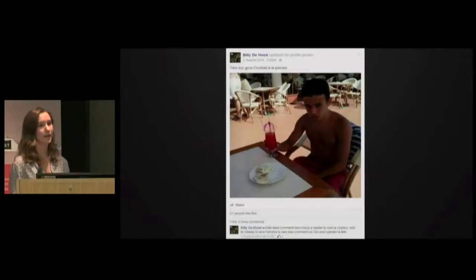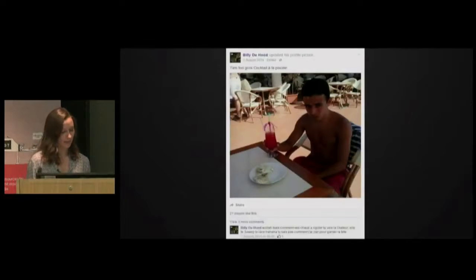That same time period was when Bilal had shared a number of photos like this of him sipping cocktails and in swimsuits by a pool. I asked his Facebook connection if this photo was taken in Morocco, but he said that it was actually from Turkey.